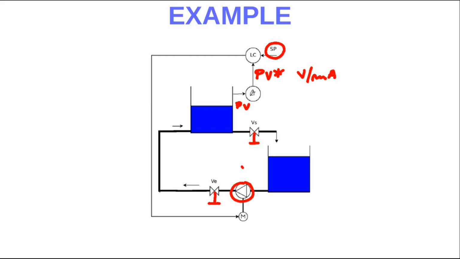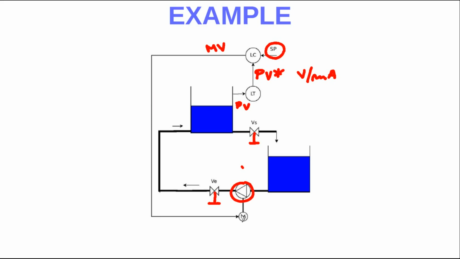As you can see, L for level, T for transmitter. Here, L for level, C for the controller. So this will be the manipulated variable. This manipulated variable, which is electrical, applies a voltage to the motor.